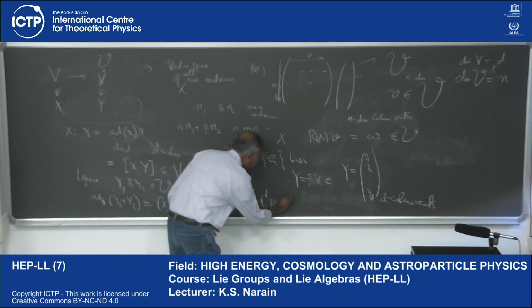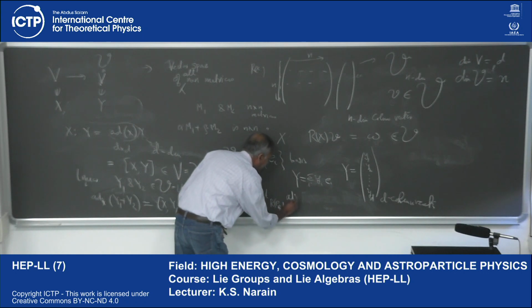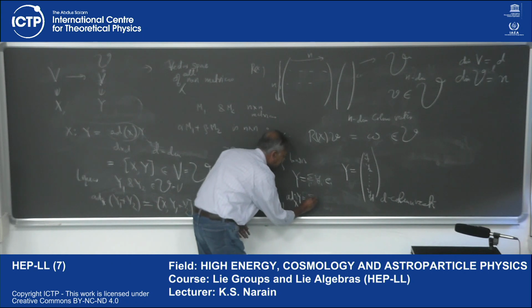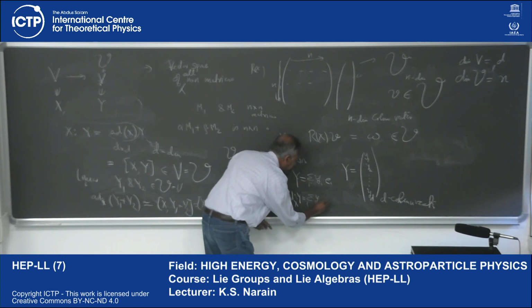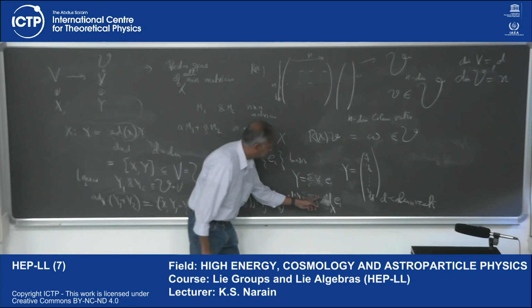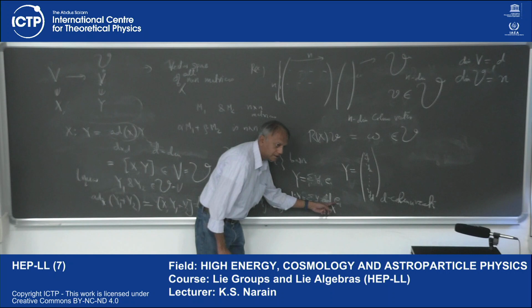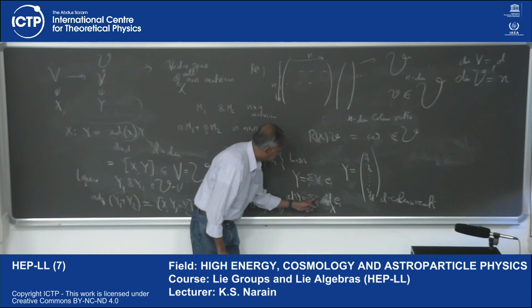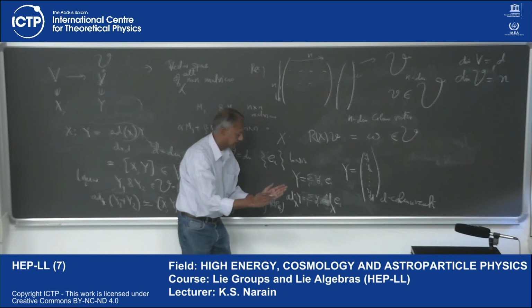So ad x acting on y is the sum over i of y_i, which are just numbers, times ad x acting on e_i. Once I tell you how this acts on e_i, then ad x is fixed, and these coefficients will give you the elements of the matrix.